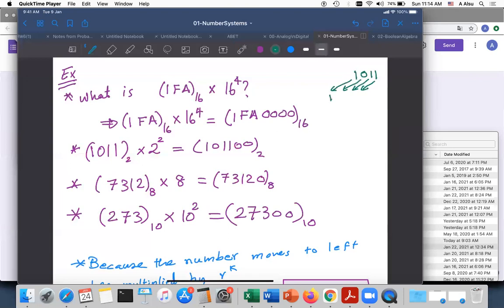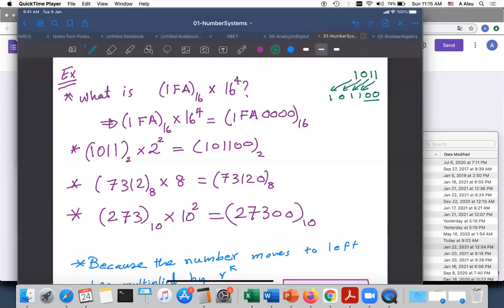So we have 1 0 1 1, and then we put a 0 0 in the freed places. It's exactly shifting the number 2 positions to the left and putting zeros in front equal to the shift amount.